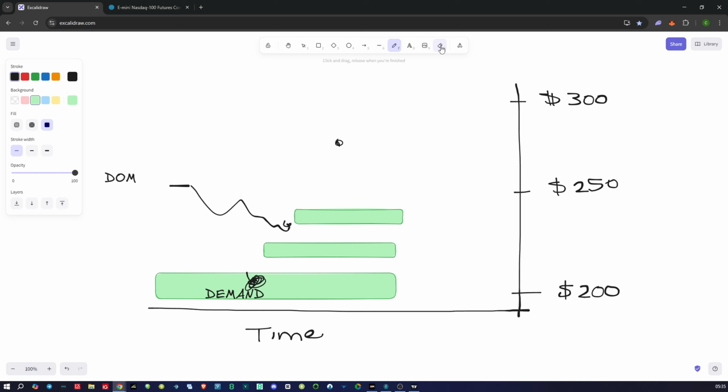because someone, for example, put in a big demand, an order to actually buy here at, let's make it 250, because I want to indicate the supply side as well.